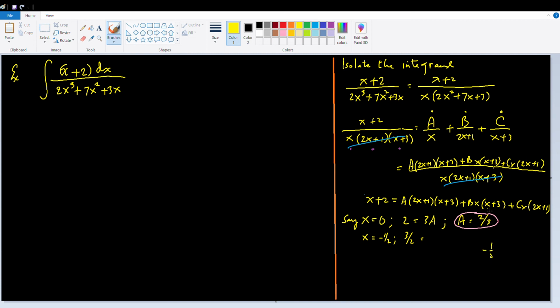Then negative 1/2 plus 3 is 5/2. So negative 1/2 times 5/2 is negative 5/4 b. So the value of b will be, the 2 will cancel, negative 6 over 5.